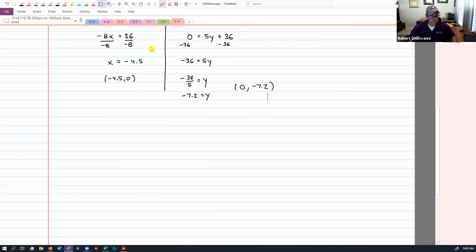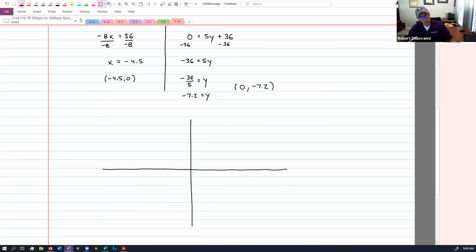Graph time. I'll go a little faster here. Just gonna draw it real fast. Okay, negative 4.5, 0. That means I go to the left. 1, 2, 3, 4. Here's 5. That's negative 5. So negative 4.5 is about right here. And then I have negative 7.2.